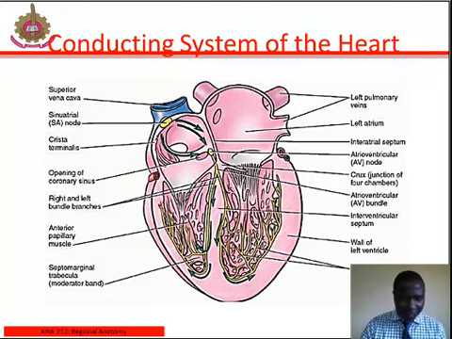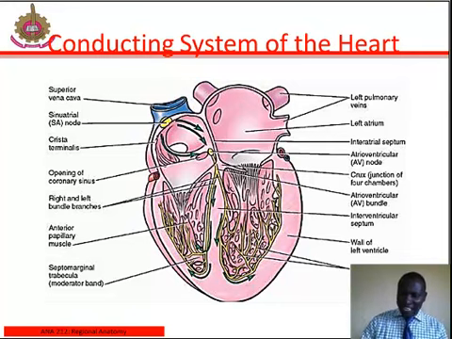1. The SA node initiates an impulse that is conducted to cardiac muscle fibers in the atria, causing them to contract. 2. The impulse spreads by myogenic conduction, which transmits the impulse from the SA node to the AV node. 3.